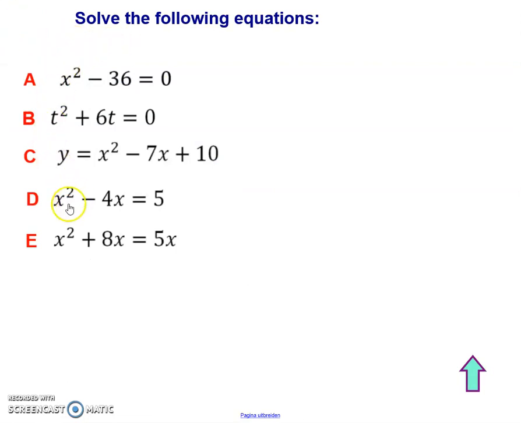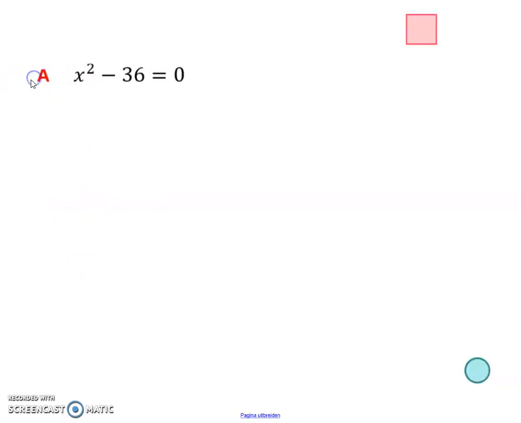So there are 5 examples and we're going to take a look at them one by one. The first one. Always first look really closely. What do we have? Maybe you could say this is a binomial because we have 2 terms. But when you take a closer look and you think, well, let me factorize this, then you will find a problem.